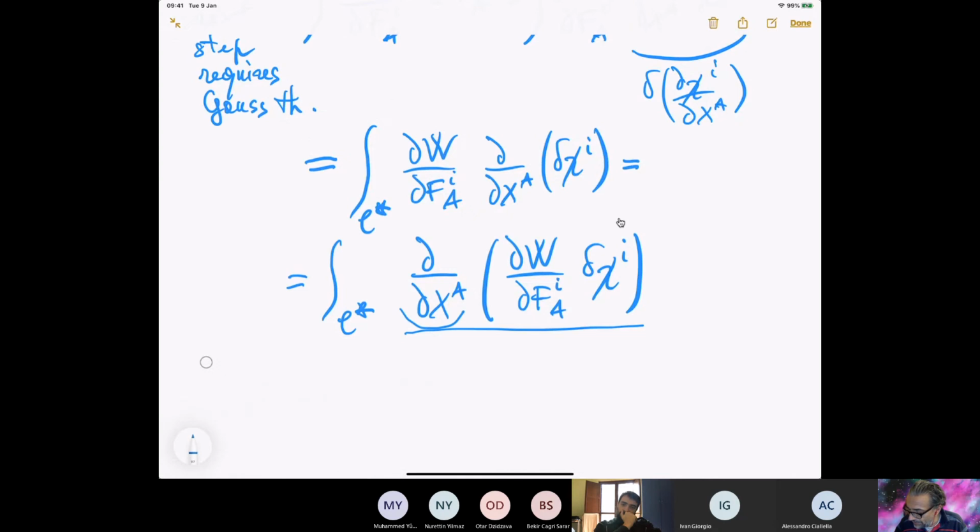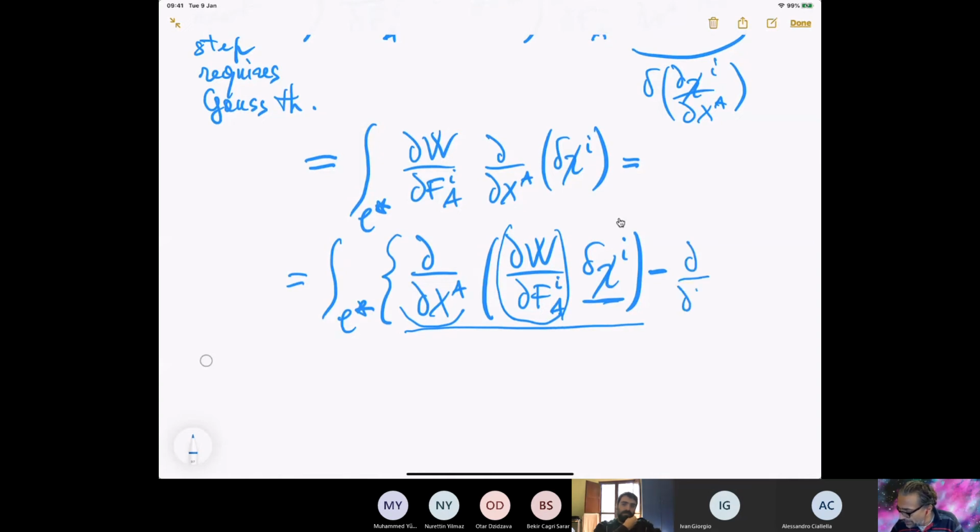I have the derivative of the first times the second not derived plus the first not derived times the second derived. Okay? So in order to have the equality, here I must subtract d over dx_A of dW over dphi_i delta chi_i. And I have the equality. You agree with this? Yeah?